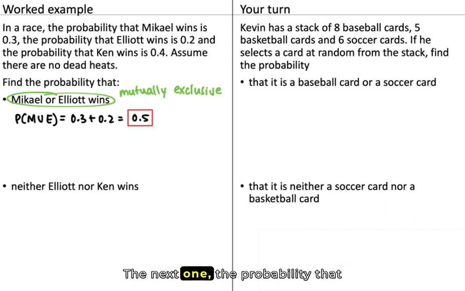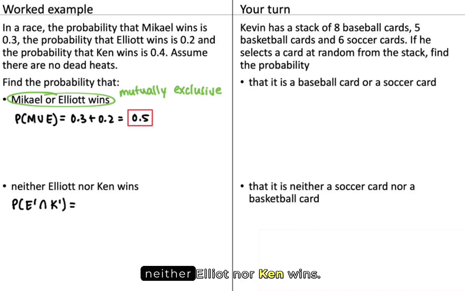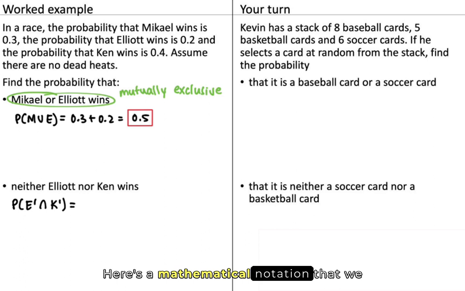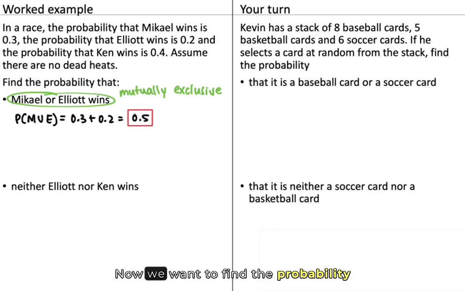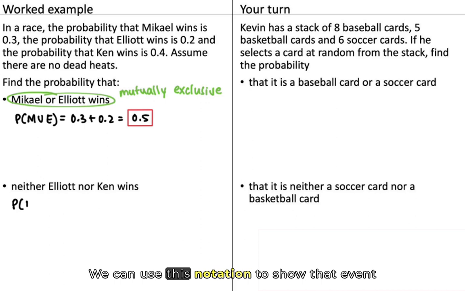The next one, the probability that neither Elliot nor Ken wins. Here's a mathematical notation that we use to denote that sentence. Now we want to find the probability that neither Elliot nor Ken wins. We can use this notation to show that event.